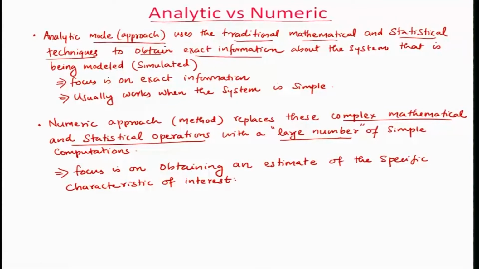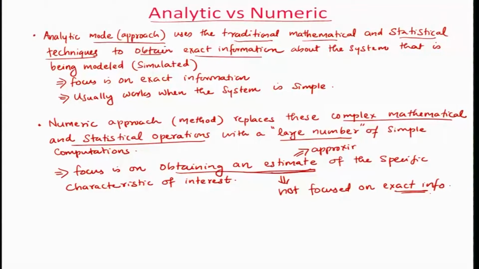So, our main aim is obtaining an estimate, not exact information. We do not look for the exact info, instead we want an estimate. An estimate, another way to think about it, is an approximation. You want to estimate the specific characteristic of interest.